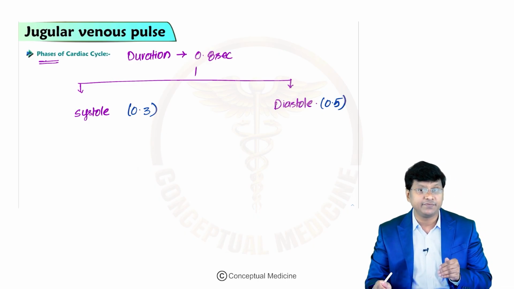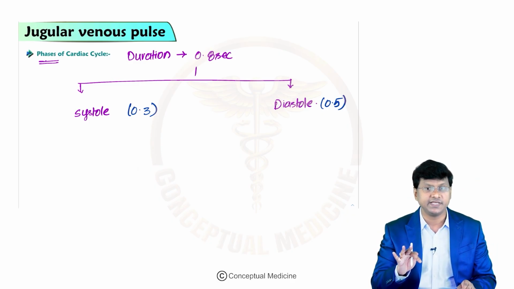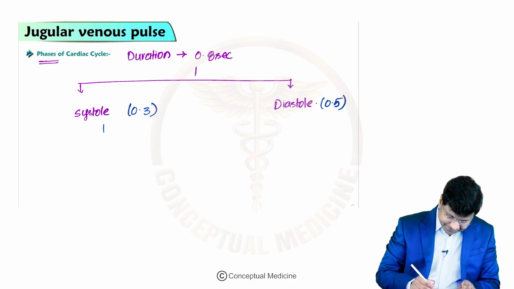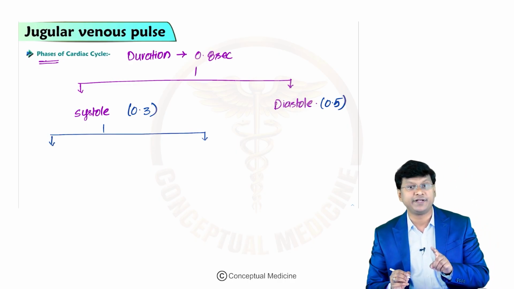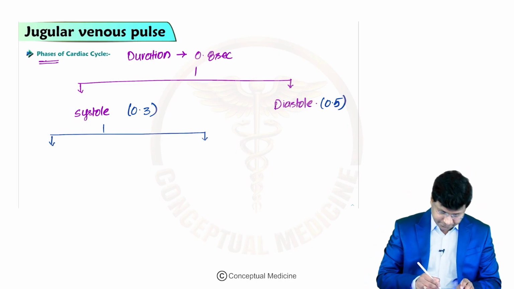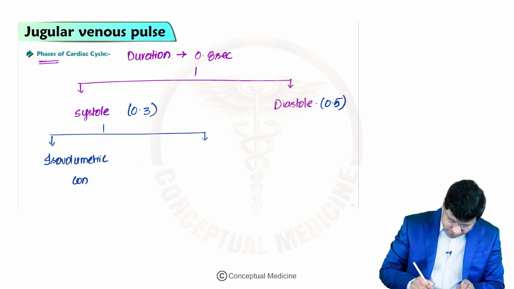Now take the events in the systole. There are totally 3 events in the systole. Number 1, isovolumetric contraction, which will be the first event in the systole.